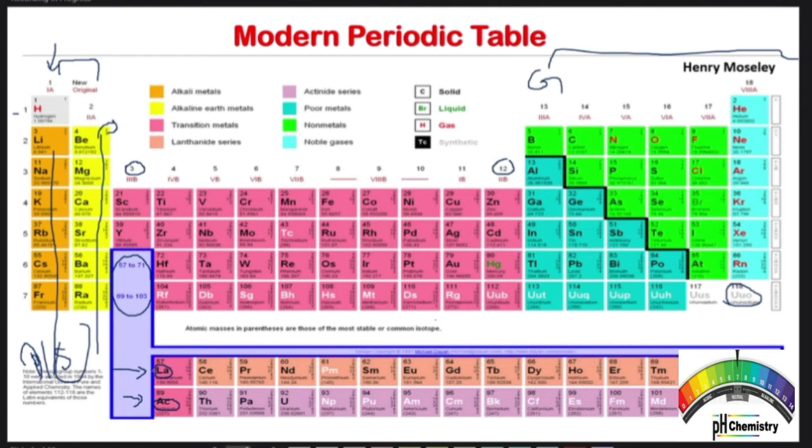So this is the lanthanide series, this is the actinide series, and these two series together are known as inner transition elements. These are the transition elements I told you about, but this comes inside the transition elements, so these are known as inner transition elements.